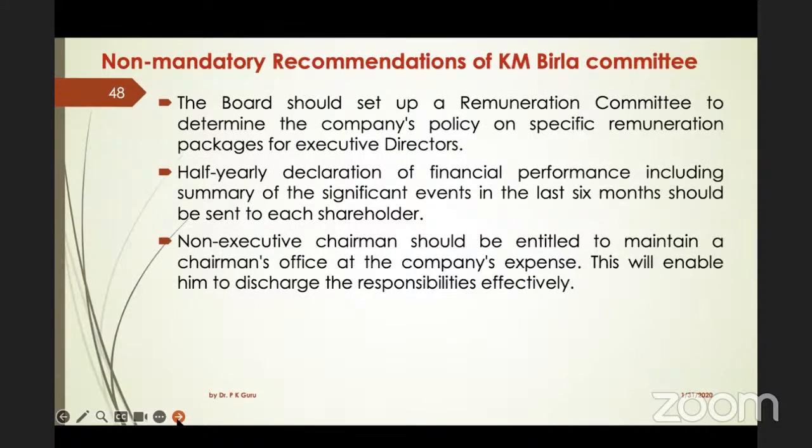A non-executive chairman should be entitled to maintain a chairman's office at the company's expense. This will enable him to discharge the responsibilities effectively. But who is a non-executive chairman? Can somebody tell me? Or what is the definition of a non-executive chairman?